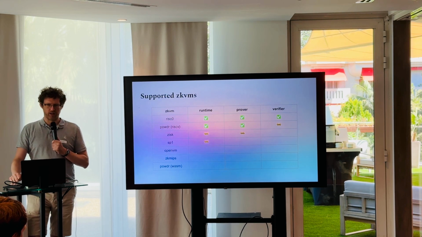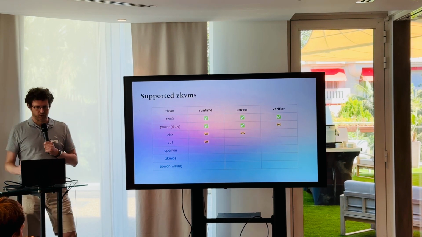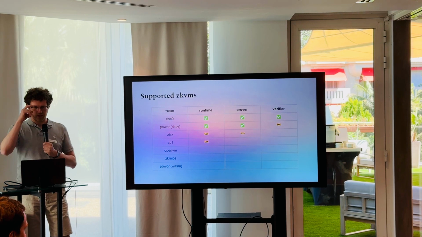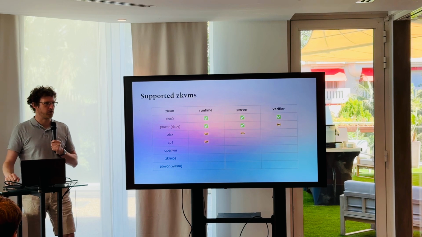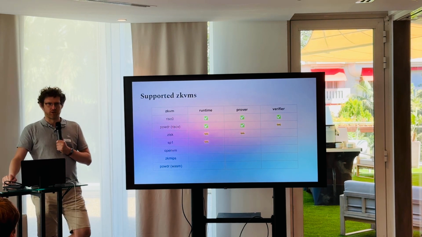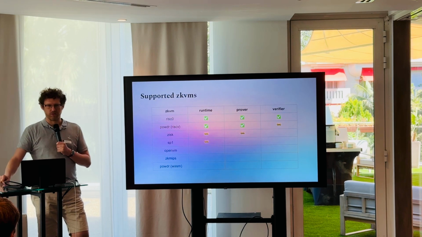We have Powder, we have the guest program, we have the prover. There's a lot of issues with the verifier, so I started working on fixing this in Powder. And Powder announced that they were discontinuing their RISC-V VM, so this line is going to drop very soon. And then we started looking into ZISC.